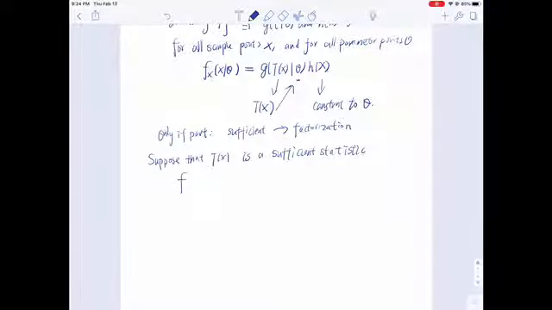We can write the joint distribution of f(x). Let's write down the PDF of f(x). By definition, it's the probability of X equal to x using the parameter theta. Here we want to introduce T(x) into this probability.